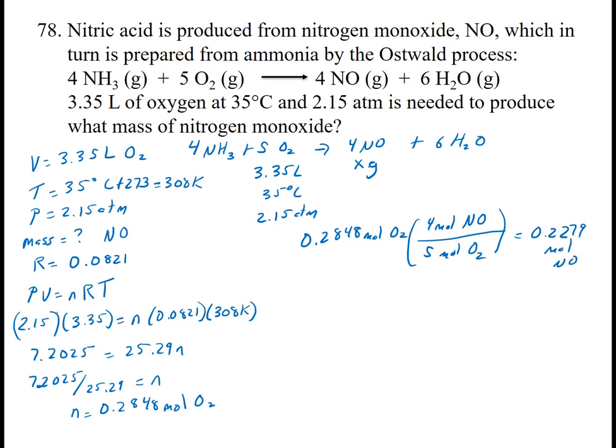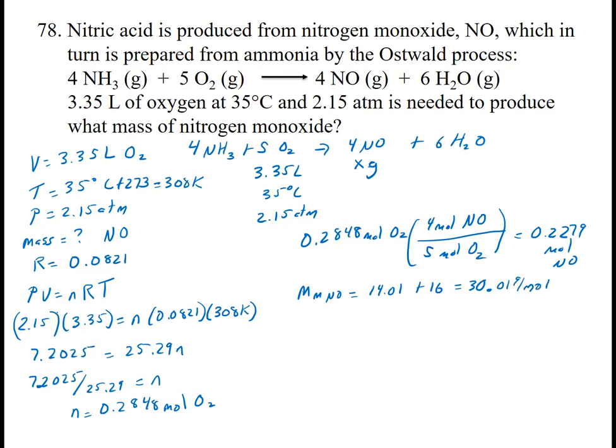And from chapter 3, to go from moles to mass, I need the molar mass. So the molar mass of NO is simply 14.01 plus 16 to give me 30.01 grams per mole.